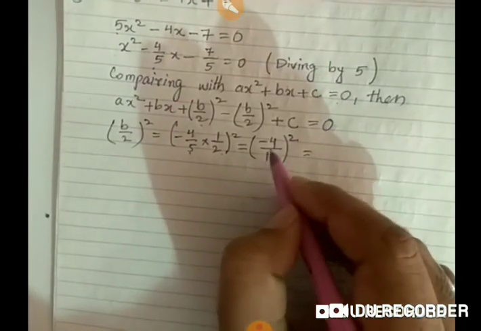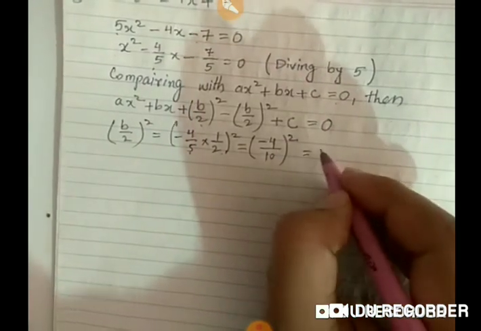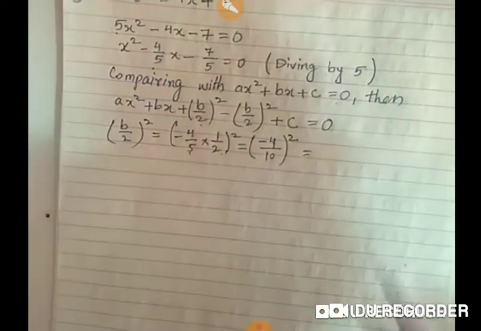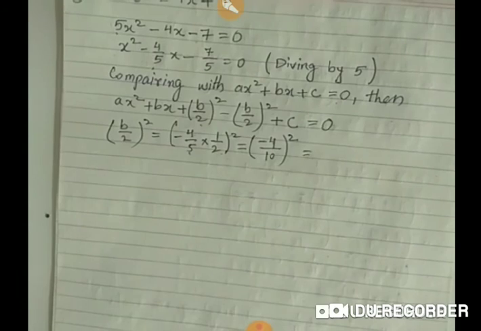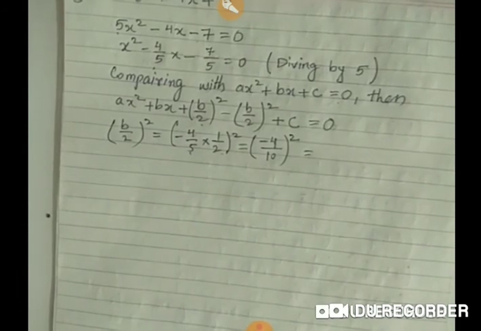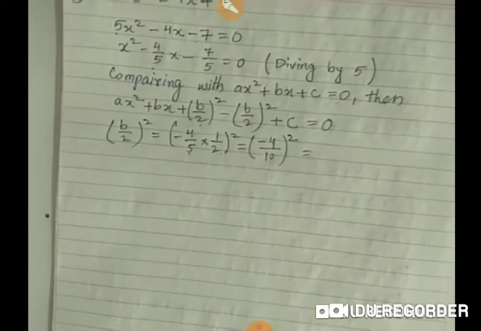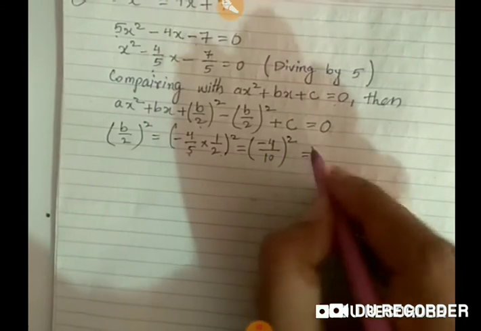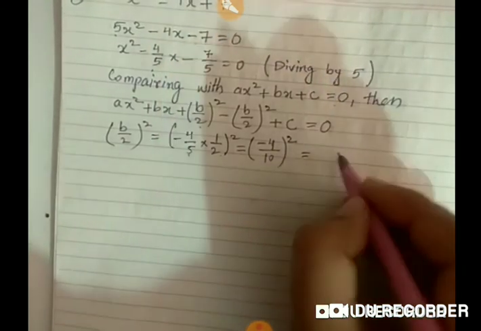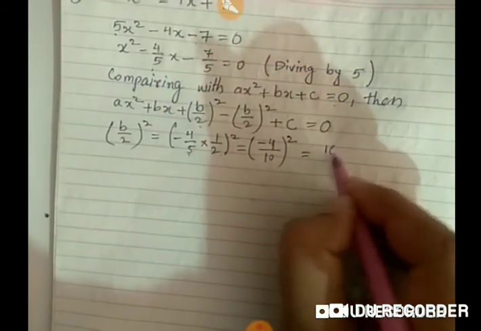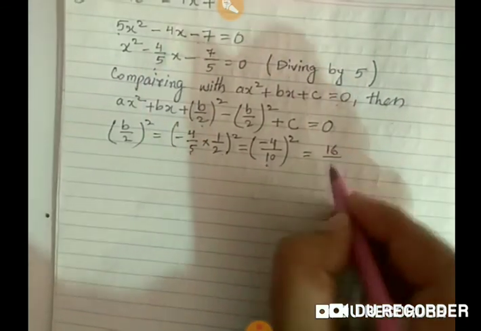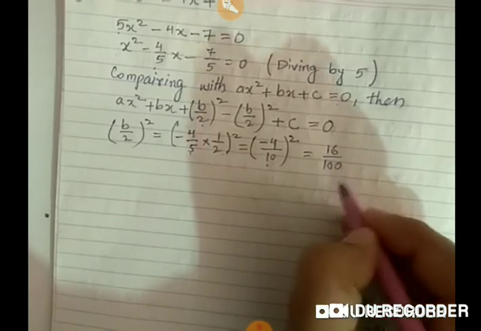So when you take square of minus 4, how much? Is it 16? This is minus 4. So I'll take square of minus 4, 16, and square of 10 is 100.